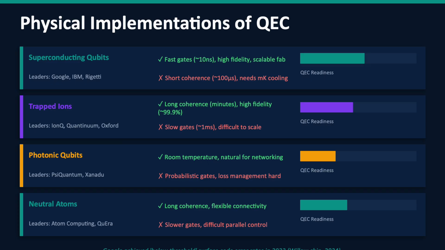They have very fast gate operations and can be fabricated using techniques similar to classical chip manufacturing, making them promising for scaling. Their main weakness is that they lose their quantum coherence relatively quickly, requiring fast error correction cycles.